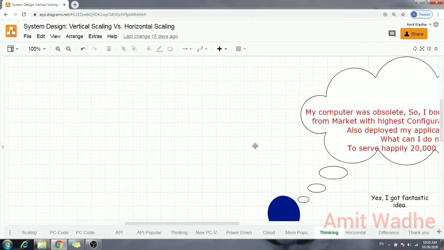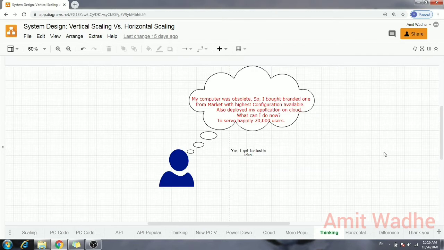Giving more thought to that, when I faced a similar issue long back with 10,000 users, I bought a branded computer from the market with the highest configuration available, and now I have also deployed my application on the cloud. What can I do now to happily serve my 20,000 users? And yeah, I got a fantastic idea.